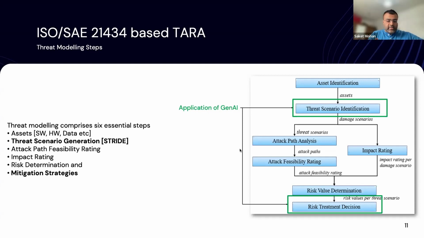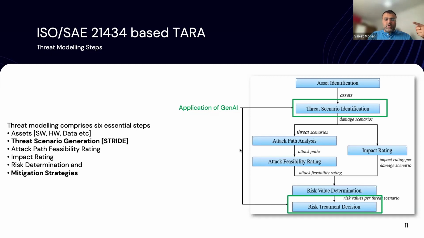One is threat scenario identification and the other is risk treatment decision, where we undertook this study to understand how generative AI can be explored, integrated or applied to these two sections, mainly to first of all expedite threat scenario generation, moving beyond the minimum baseline but still keeping it aligned to systems engineering, because what we don't want is to end up generating scenarios which are not systems or context driven. So we'll take a look at that.